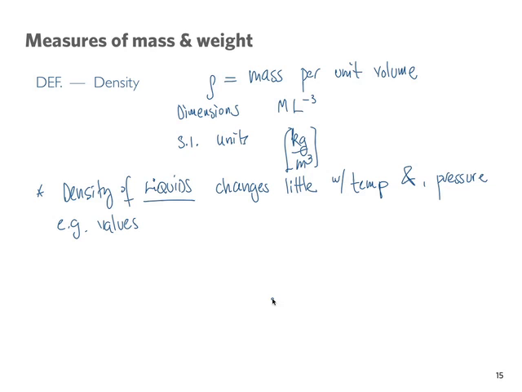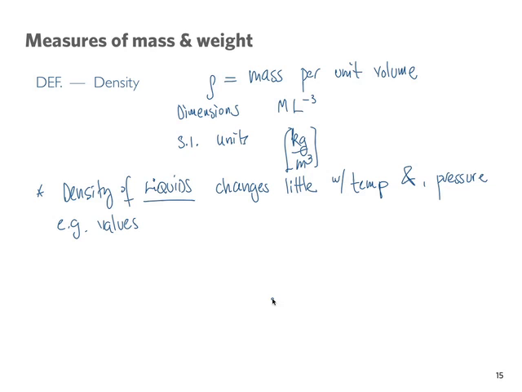For example, the density of water. If you look at, say, a box of juice that has 1 liter, you kind of know how much that weighs. How much is it? 1 liter of water. A kilogram, excellent. 1 kilogram.